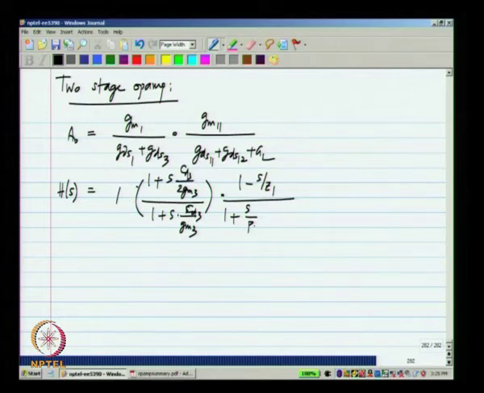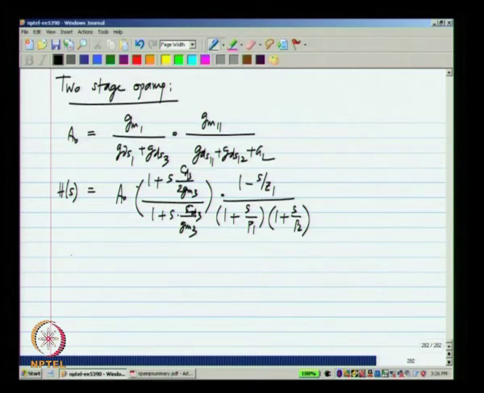This should be the DC gain A naught, the right half plane 0 and the dominant pole and the non-dominant pole. Okay. Now, these we have spent a lot of time evaluating. I am not going to write down the expression. The dominant pole appears at the output of the first stage and the non-dominant pole at the output of the second stage. Okay.